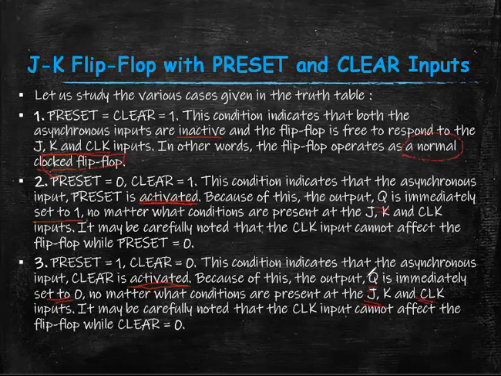That is, Q is not responding to J, K and clock. They cannot change the output when clear is equal to 0. When clear is equal to 0, the output must be low.